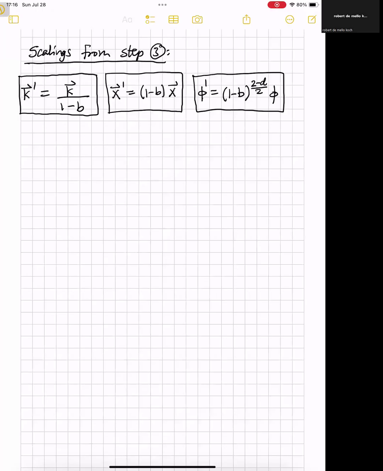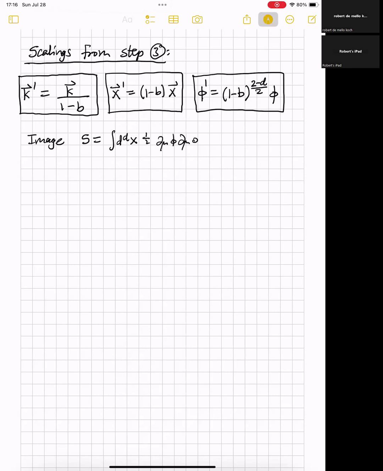Okay, so this is a summary of the scalings from step 3, and we're going to be using that now. I want you to imagine that the action is just the usual free field action, an integral dx of 1/2 d mu phi d mu phi.